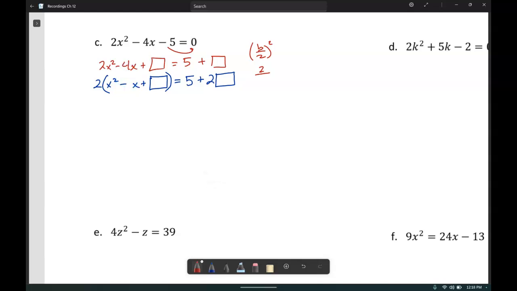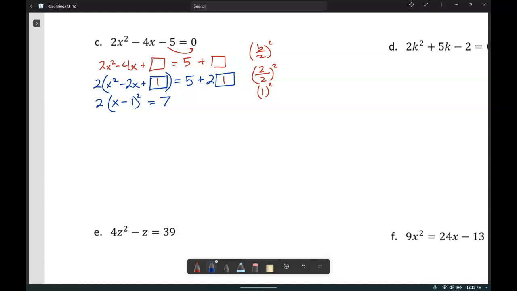Our b value is now 2, not a 4. So 2 divided by 2 squared gives me 1 squared. 1 squared is 1. Now we can factor x minus 1 squared. That leading coefficient of 2 is just coming down for the ride. The right-hand side, 2 times 1 is 2, plus 5 is 7.